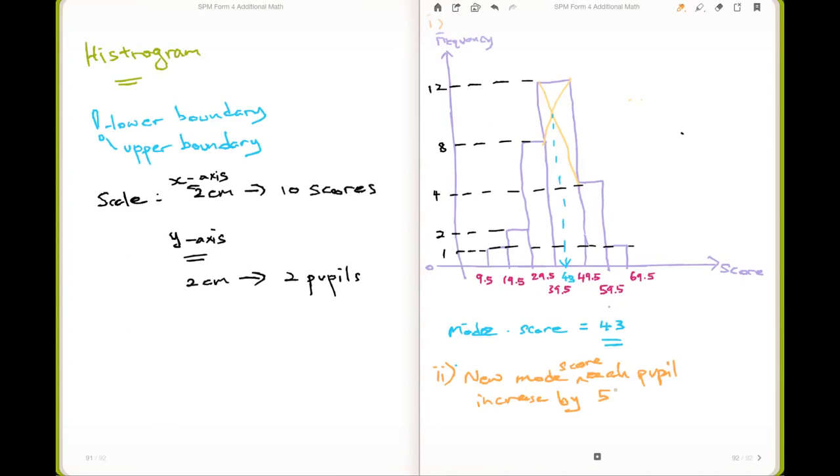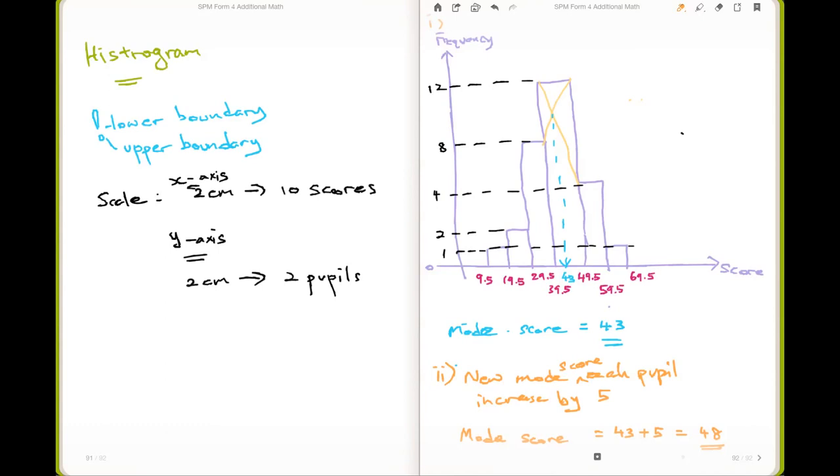If everyone increased by 5, the new mode score would also increase by 5. Because everyone is increasing by 5, the new mode score would be 43 plus 5, which is 48. The new mode score is 48.